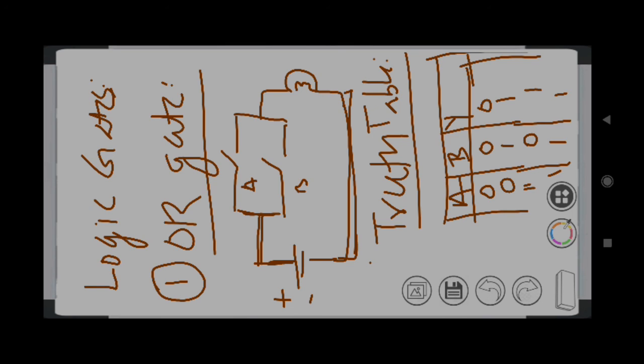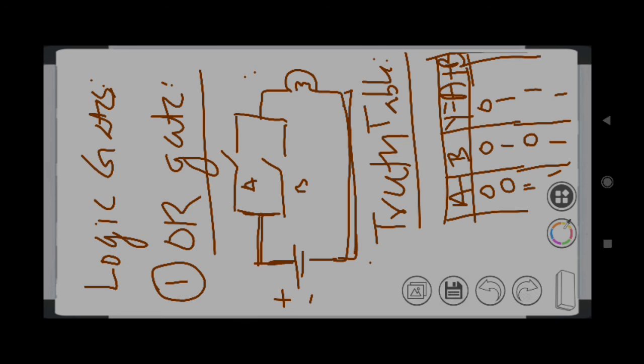In Boolean algebra, this output is in accordance with the rule Y is equal to A plus B. The OR gate operates on this logic, Y is equal to A plus B, A or B. That means if either A or B is high, then you are going to get the output Y high. This is the truth table of the OR gate.